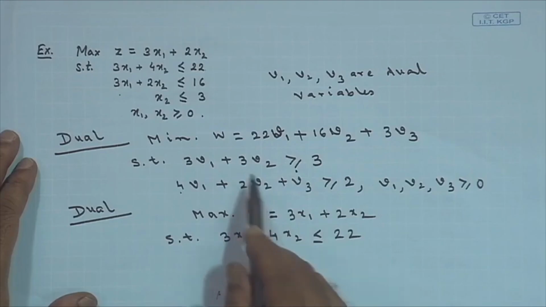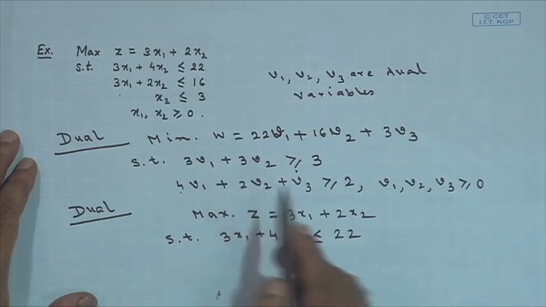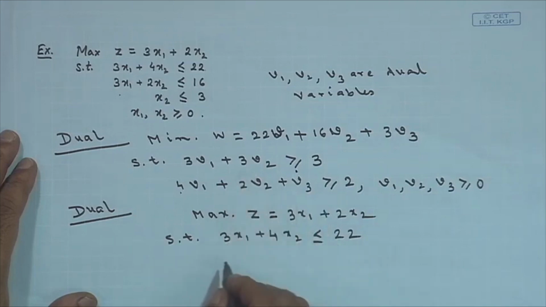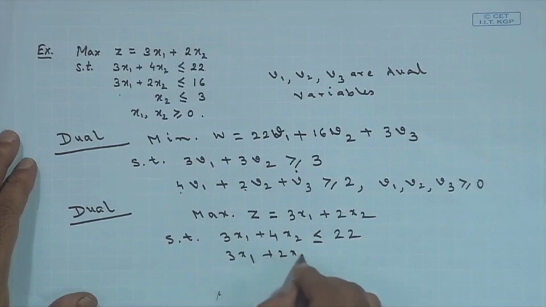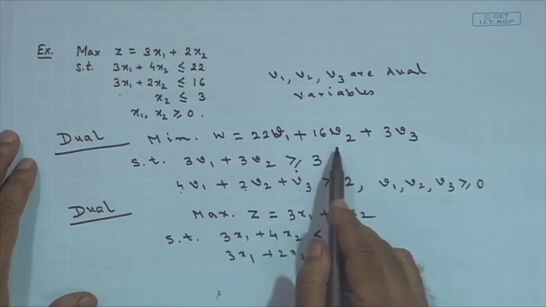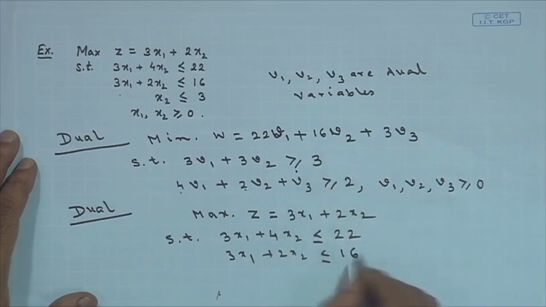Now, take the second column, corresponding to V2: 3 x1 plus 2 x2, which is less than equals the coefficient of V2, that is 16 in the objective function.